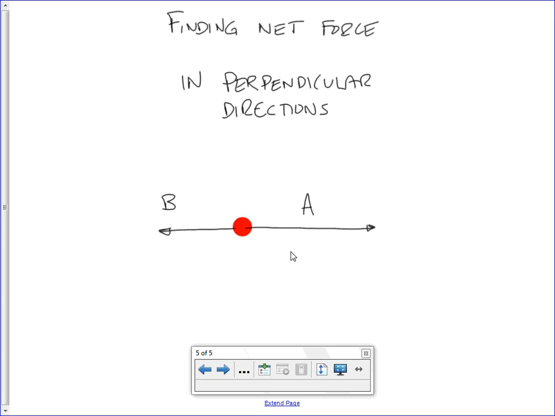And what I mean is in the x direction and in the y direction. All right, so what we will do in tons of cases is write expressions for the net force in the x direction and the net force in the y direction.